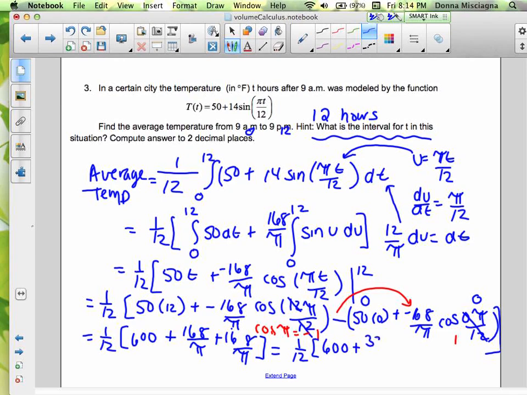I keep saying pi, but it's over pi. Now we'll distribute, and we'll just get the exact answers, then continue on. So 1/12 of 600 is going to be 50, plus 28 over pi.